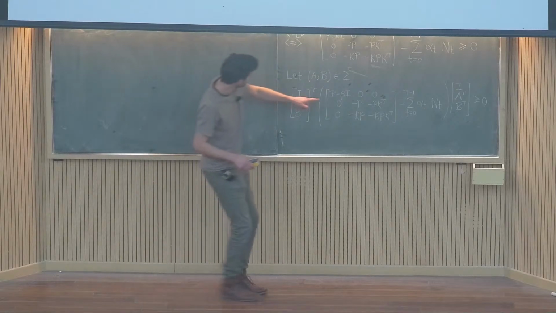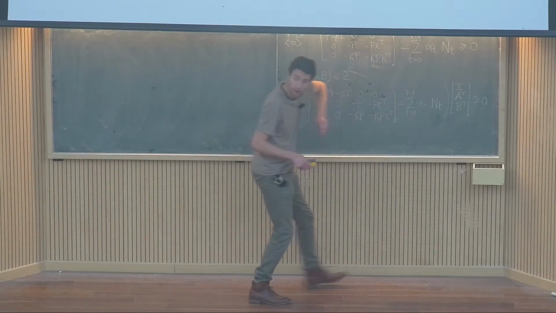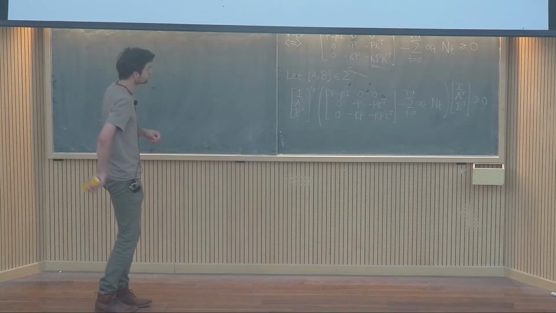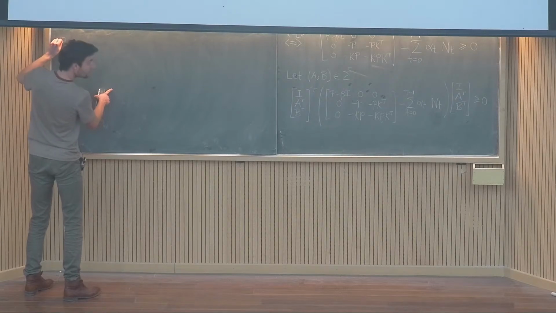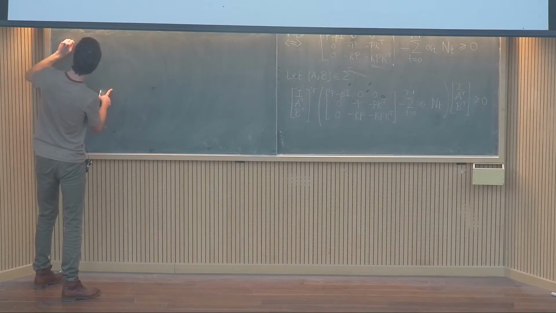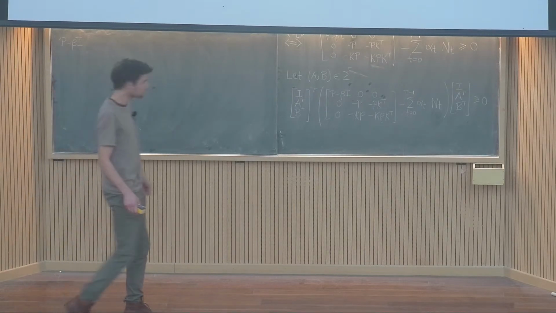Well, the identity times the P minus beta I times the identity term over here is going to bring in P minus beta I. Right?